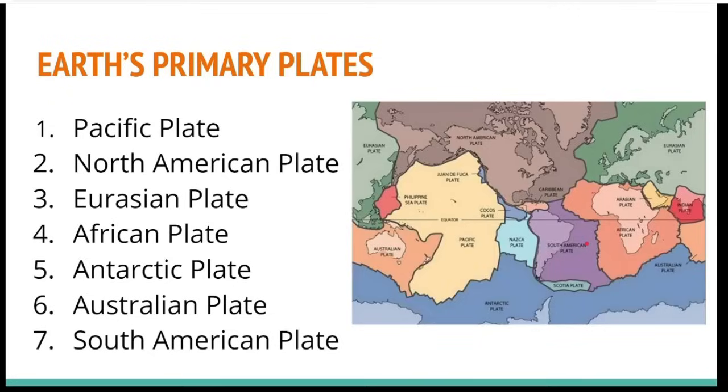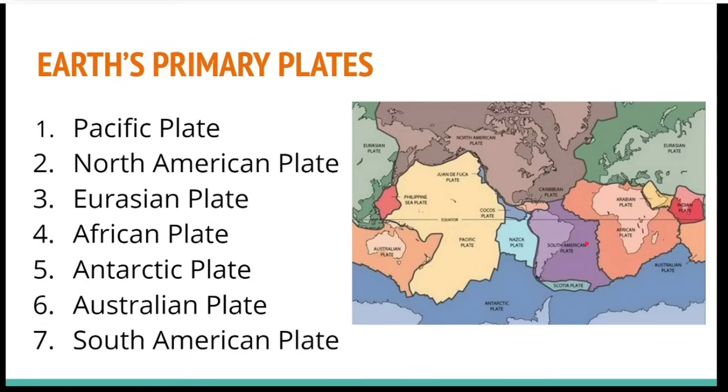Now, what do you notice about the names of these primary plates? Very good. Most names of these primary plates are taken from the names of the continents, except Pacific Plate.